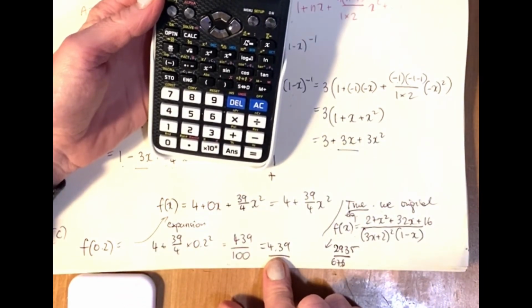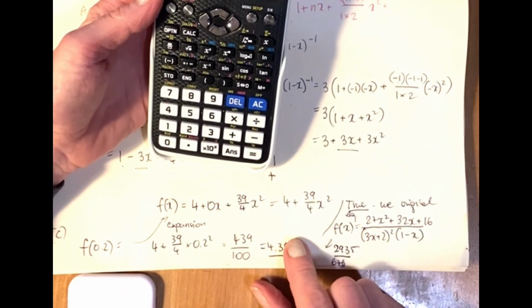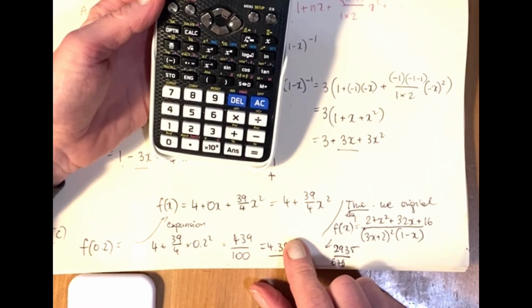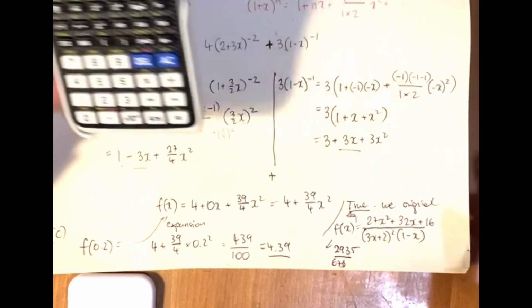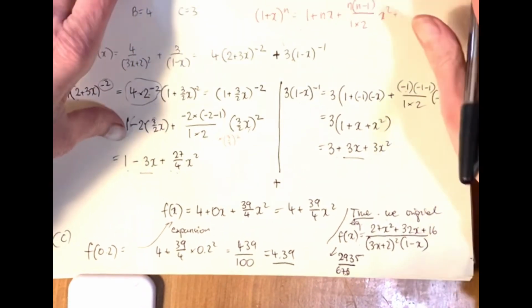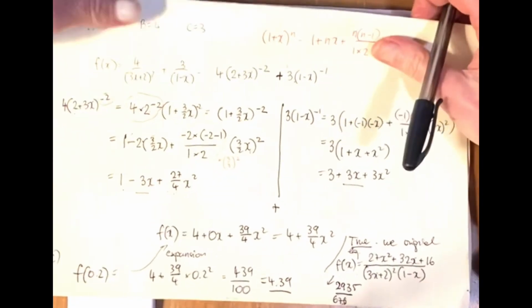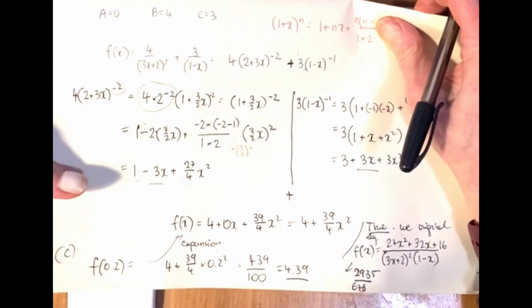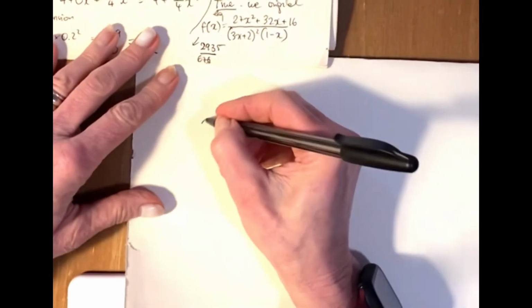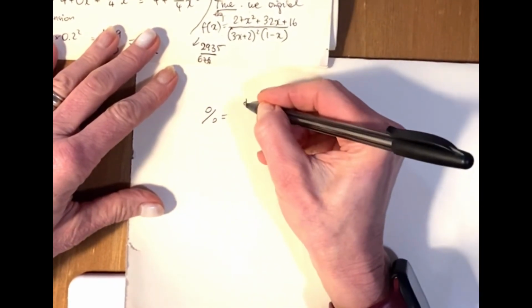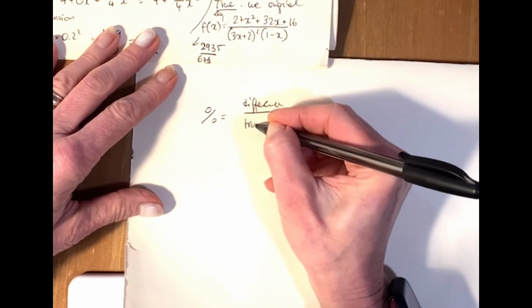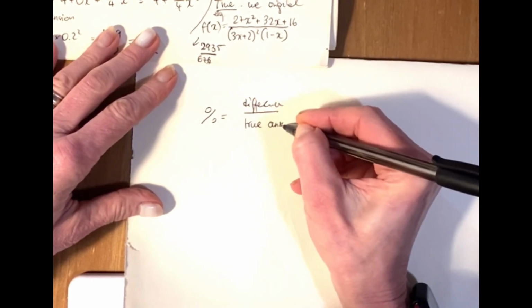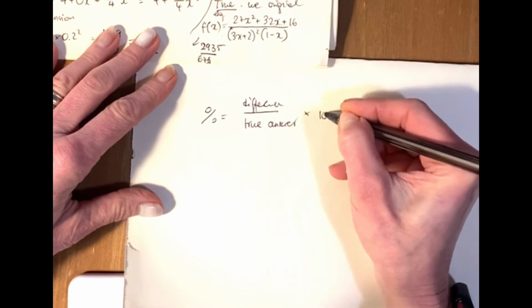Let's see how close this is to that other answer. Not too bad. Now, what does it mean to find the percentage error? In percentage, how far are you away from the correct answer using the binomial expansion? So we just need to find the difference. For percentage error, we're going to use the difference over the true answer and then multiply it by 100%.